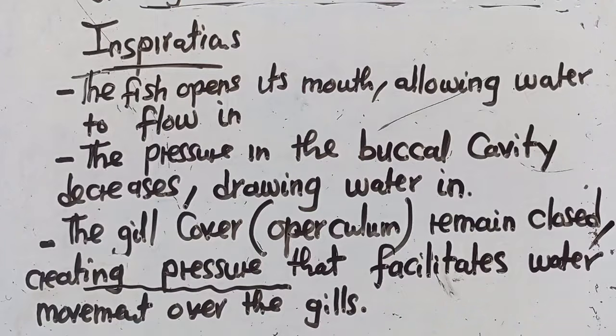Before we go further, as water passes over the gills, oxygen diffuses from water into the fish, and carbon dioxide diffuses from the bloodstream into the water.